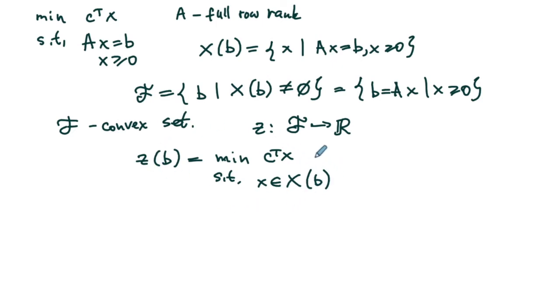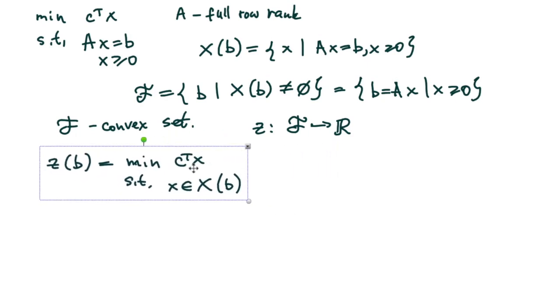And we want to figure out what shape this function has. We already saw that the domain of our function is a convex set, and what we are going to show is that z of b is in fact a piecewise linear convex function. And for this we are going to use the dual LP.